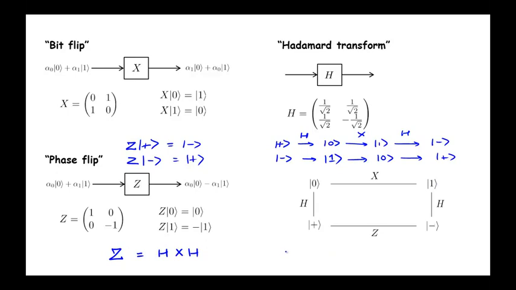What we are really saying is that if we perform the Hadamard transform, then we perform X, and now we perform the inverse of the Hadamard transform to move back to our original basis, then we get the Z transformation. But of course, remember that H inverse is equal to H. And so of course we can write this as Z equal to HXH.